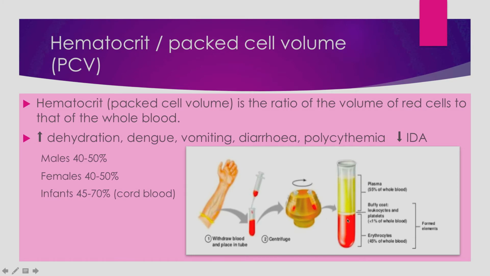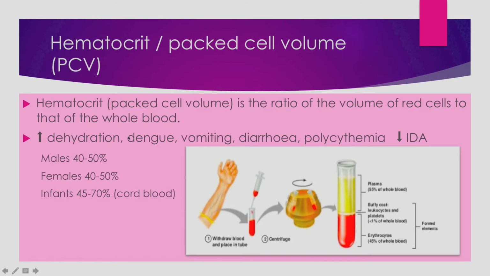That means the plasma level, which consists of water, reduces, right? So the ratio of the erythrocytes to that of the complete whole blood increases, because the volume of the whole blood decreases, so the ratio of the erythrocytes to that of the whole blood increases.